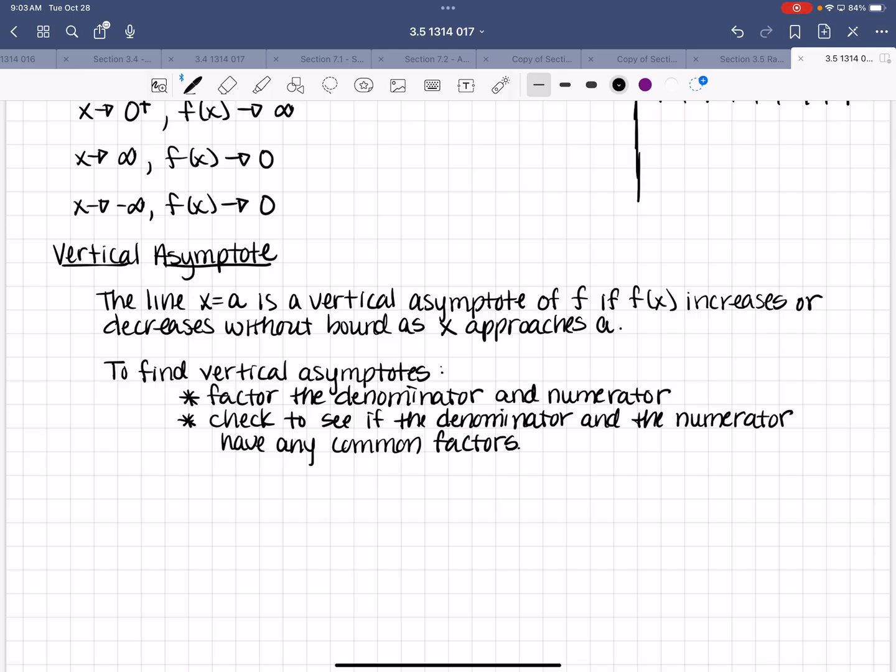Now, I'm going to go ahead and throw this in here, and we'll talk about holes a little more in a minute, but they go along with vertical asymptotes and with the factoring, so I'm going to include them right here. Just know we're going to come back to them, okay? So, we check to see if the denominator and the numerator have any common factors. Common factors become holes.